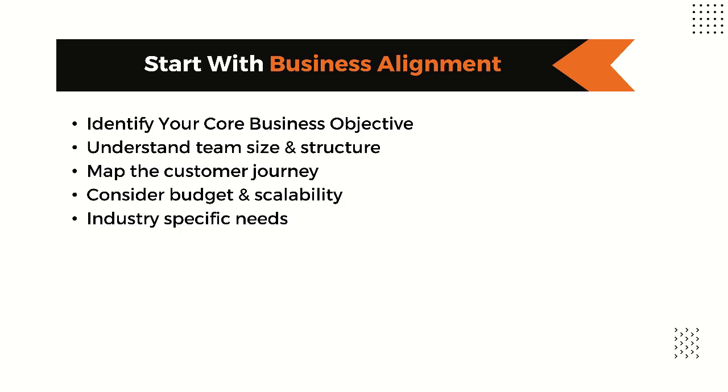Map their customer journey, meaning what they do and how they interact with the business, understanding everything starting from that. Consider the budget and scalability. It's not just about buying a Salesforce license; implementation is also there, and implementation cost is also there. And understand the different industry-specific needs.